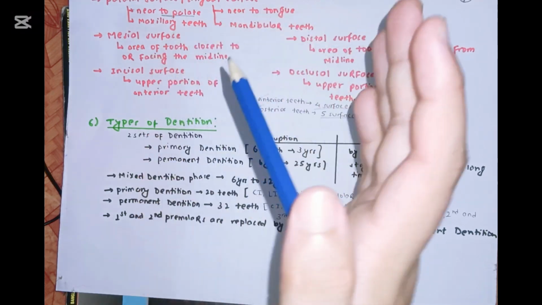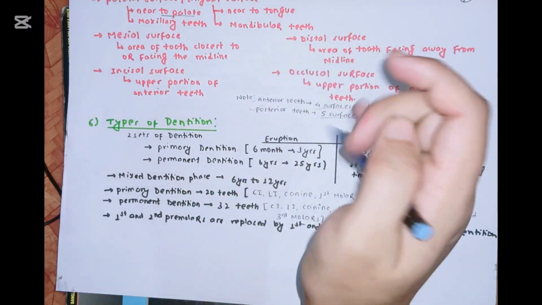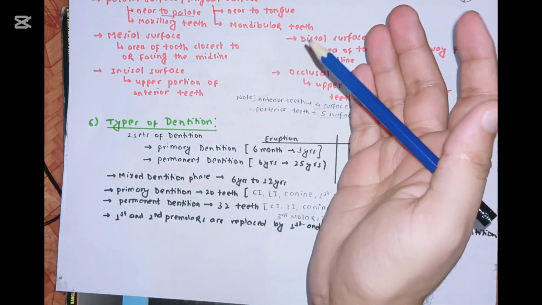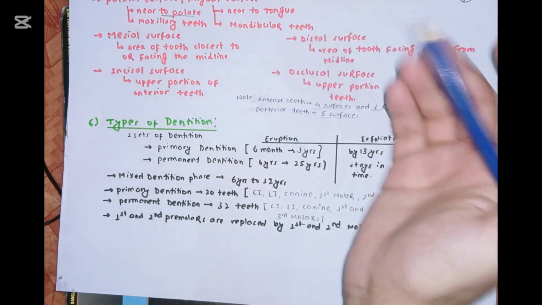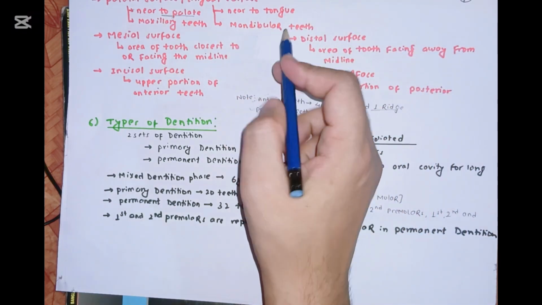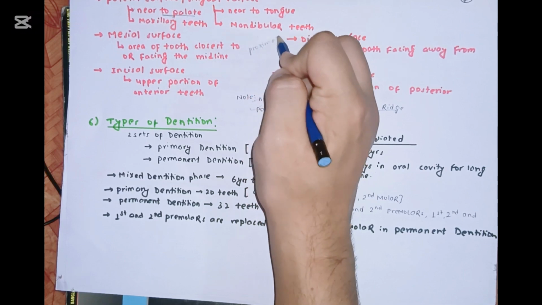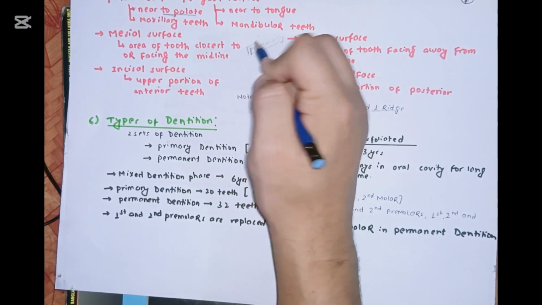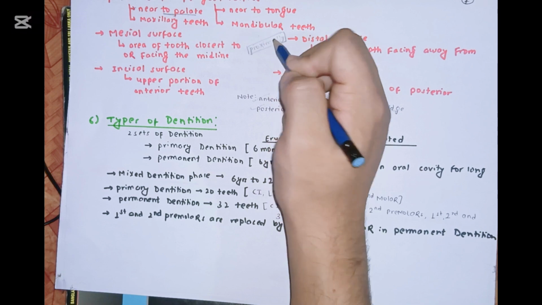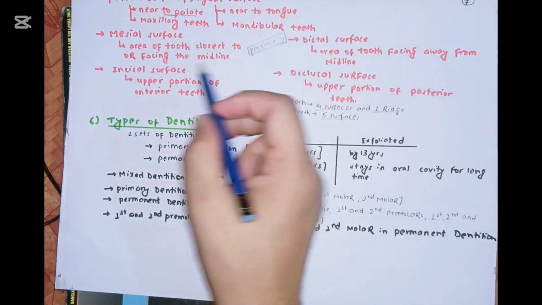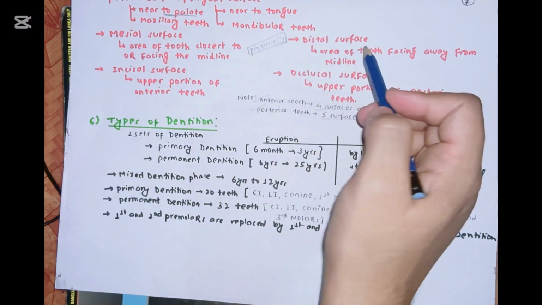I want to clear one thing here, as many students don't know what a proximal surface is. The proximal surface is collectively the mesial surface and the distal surface.